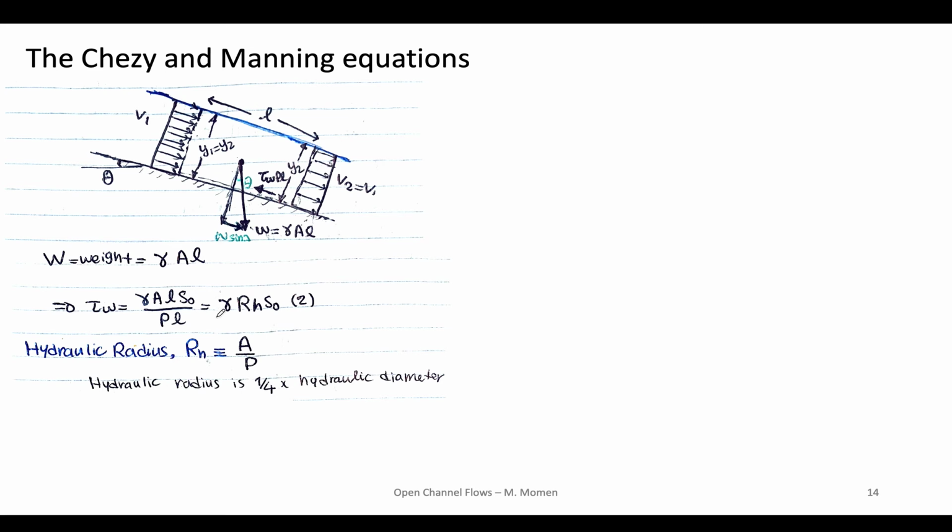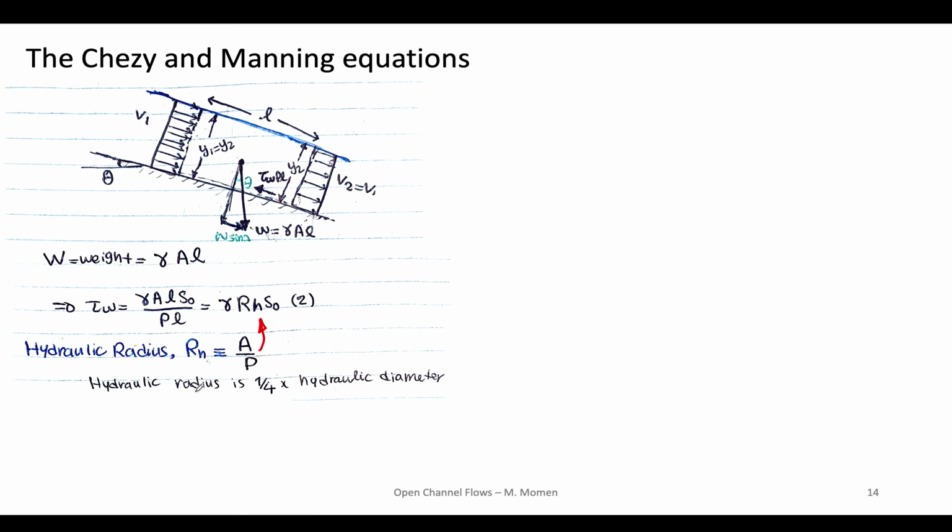And so we can just write this tau W, the shear wall stress, in terms of the hydraulic radius, which is RH, okay? And if you calculate, you will see that hydraulic radius is 1/4 of hydraulic diameter. Okay, so it's not 1/2 of hydraulic diameter, because here we have area.